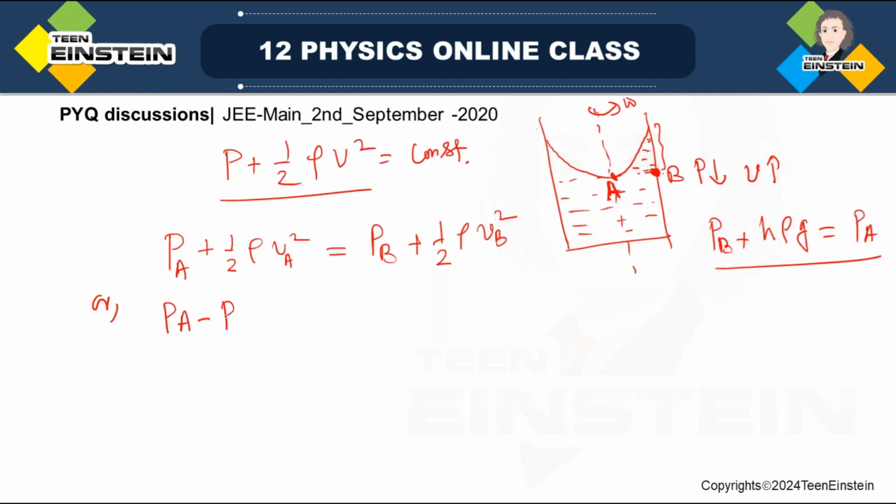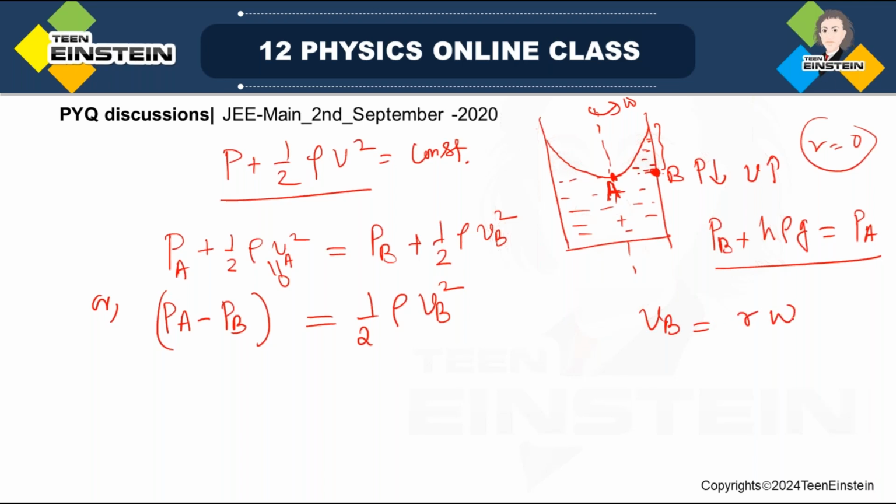PA minus PB. VA is on the axis, and on the axis R is 0, so linear velocity is 0. So VA will be 0, that term will be 0, and I will have half rho VB square, and VB can be found from R omega.